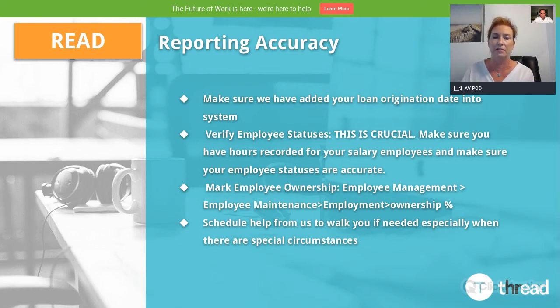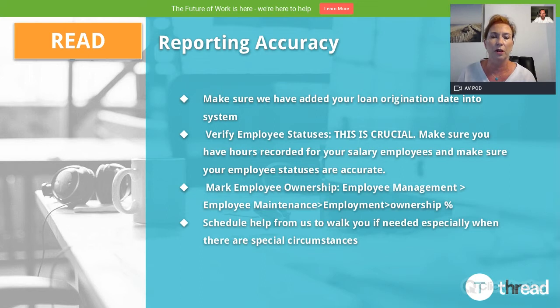Verify employee statuses. This is crucial. Make sure you have hours recorded for your salary employees, which should pretty much be the case, but if anything looks off, check employee statuses. And then the employee ownership piece: if you don't note which employees are owners and what percentage, it's not going to calculate this correctly, because as you know, owners are not included in the FTE count.